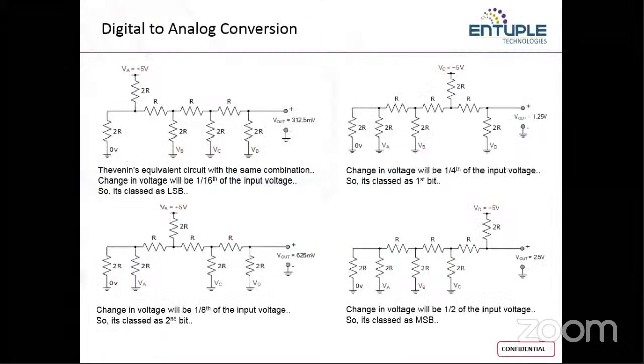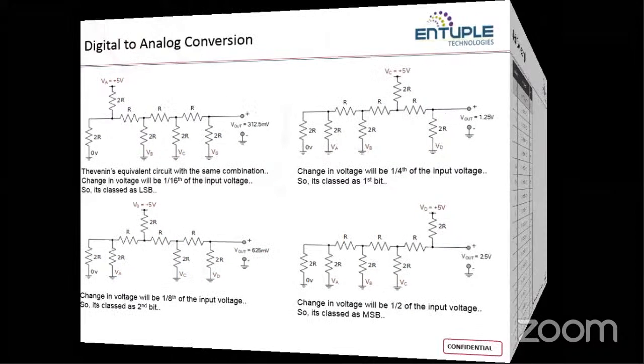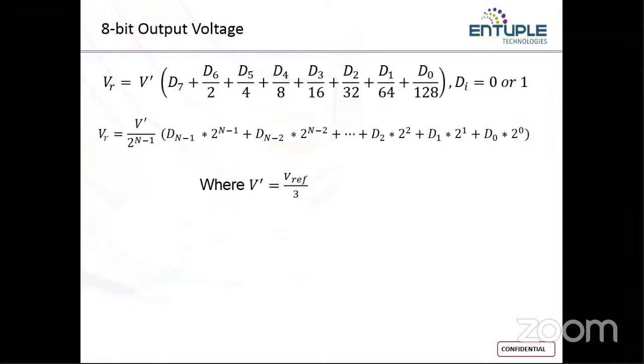If we give the input at the least significant bit, then it is going to be 1/16 of the input voltage, and if it is the bit next to that, then it is going to be 1/8 of the input voltage, and similarly 1/4, and one half of the input voltage. That is how we get the equivalent resistance and output voltage, and this is a generalized expression for an R2R ladder network.